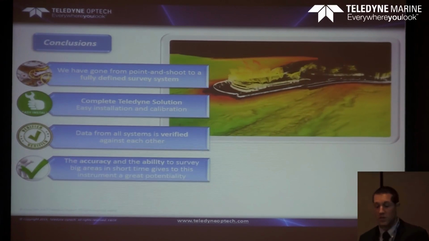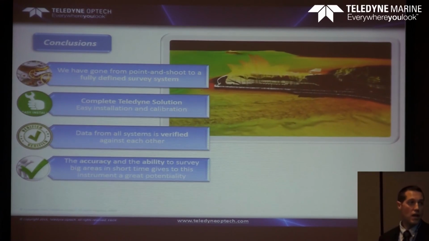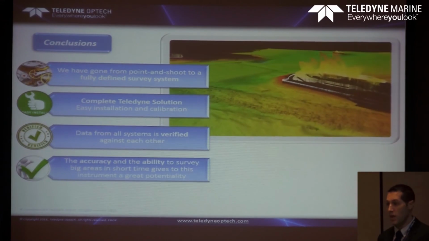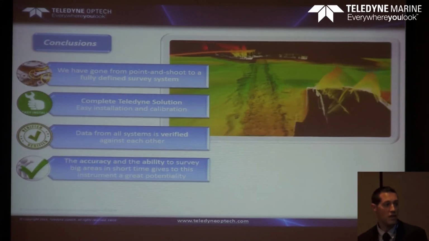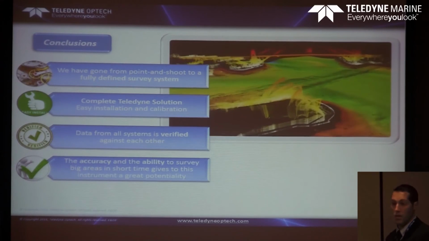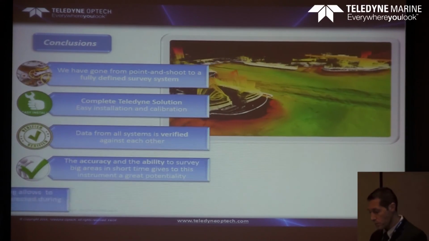The system, of course, is accurate, and the accuracy and the ability to survey a huge area very quickly gives an important tool to surveyors, and it has great potential for the future to create new applications as well.